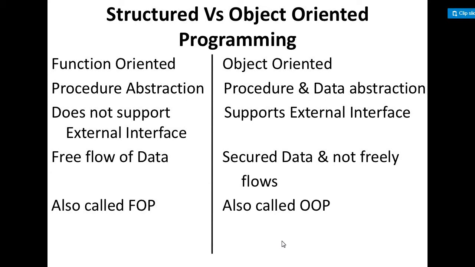So procedure abstraction: for structured programming, procedure abstraction is implemented, but in object-oriented programming, both procedure and data abstractions are implemented. So structured programming does not support external interface, but object-oriented programming supports external interface.